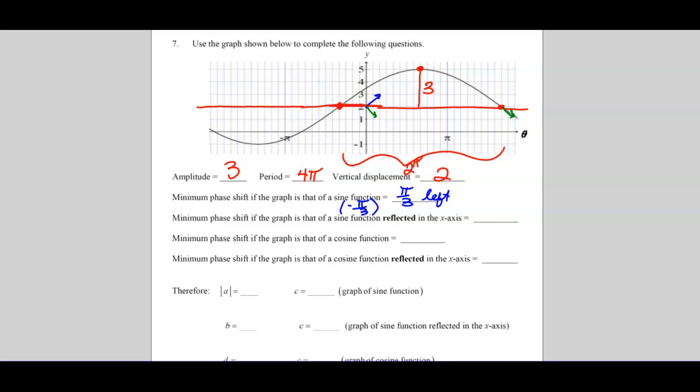How far is that? Well, that's pi. 8 grid lines, we already counted that out of 12. So it's pi plus 2/3 pi, which is 5 pi over 3. Okay, that's the closest.